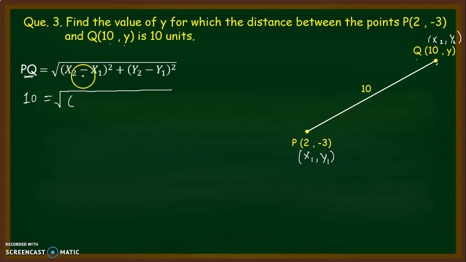So here if you put the value of x2 minus x1 whole square, x2 is 10 minus x1 is 2 whole square, plus y2 minus y1, so y2 is y minus y1 is minus 3, so minus minus plus 3 whole square. Now if you simplify this, do the square on both sides.